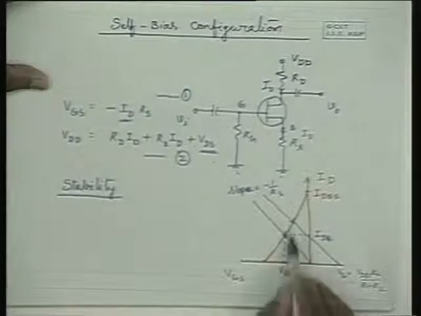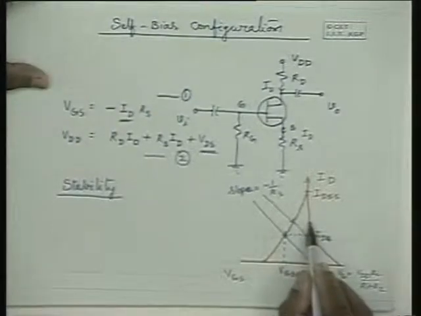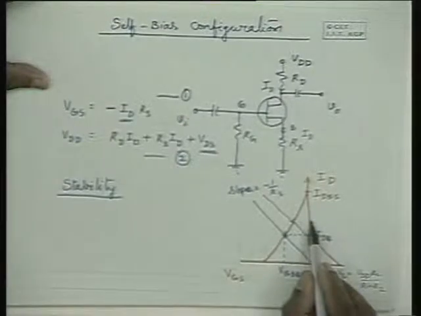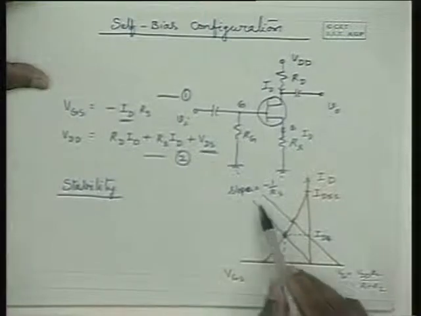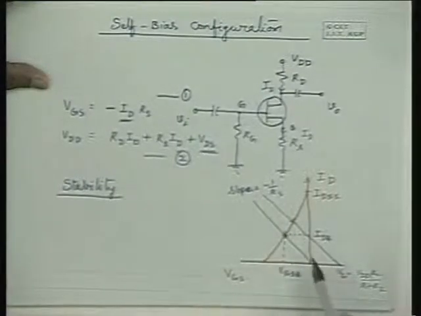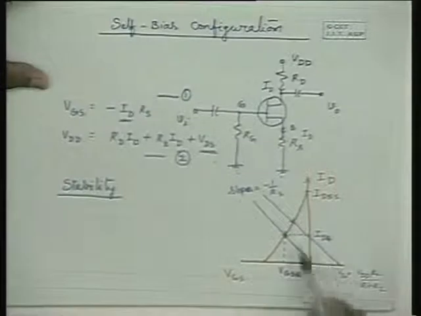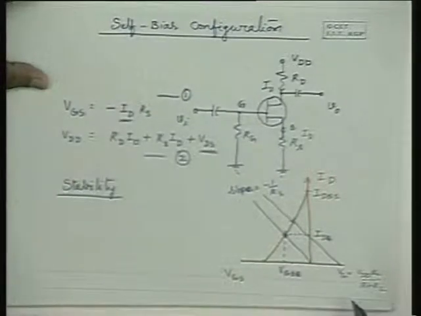Therefore VGS would be less than that and ID would be larger than the previous one. Right? So how much deviation is required depends on your Q point, so you provide that particular VG. That is the difference.